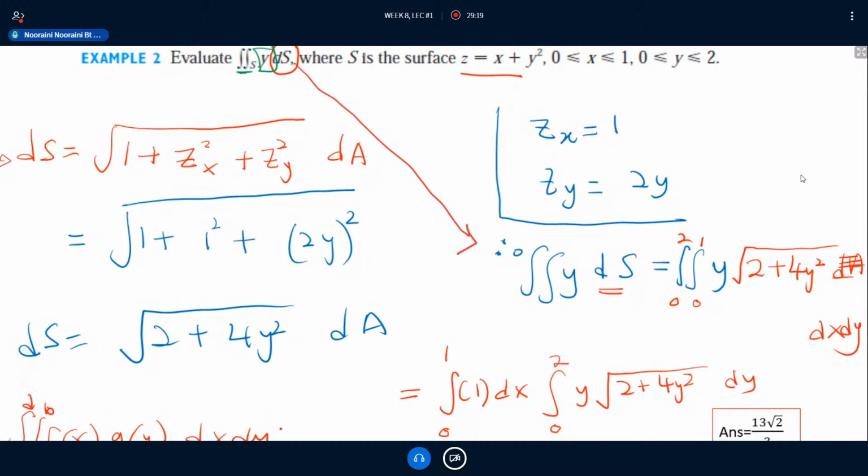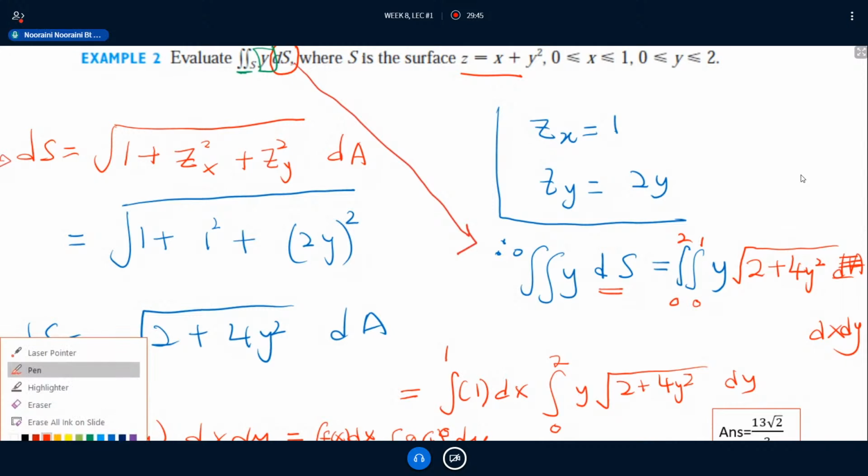From the previous theorem, this can be split into two, where you can integrate dx just the function of x, because you can split into one function of x and another function of y. So you can split it like this. If you refer to this question, after you substitute, you can split your y and you can split your x.